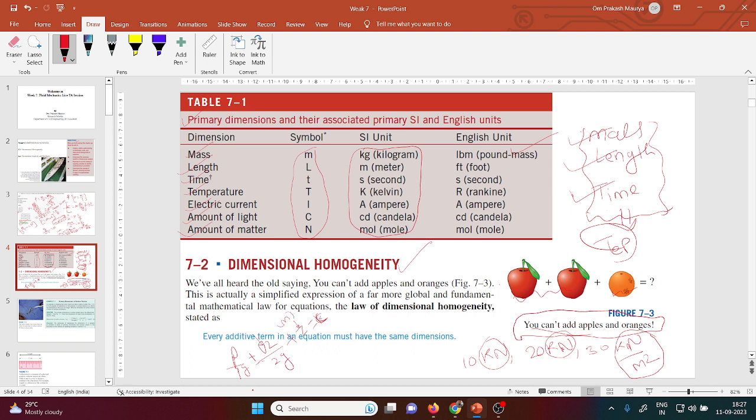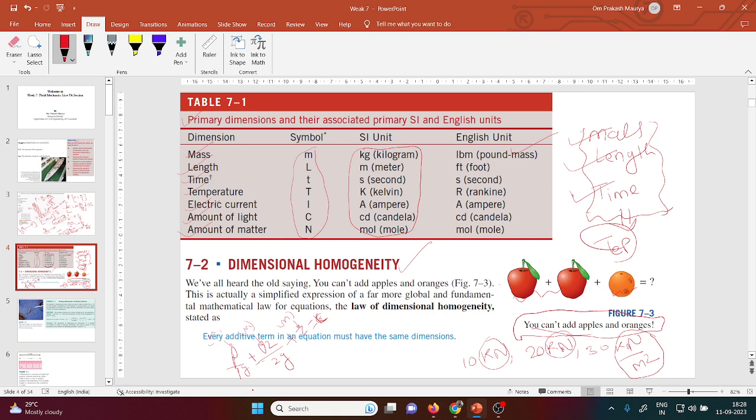This quantity has the same unit, meter. This quantity has the same unit, meter. If this one does not have meter, we cannot add. For adding things, we need to have similar dimensions. That is the meaning of dimensional homogeneity. Let's check.